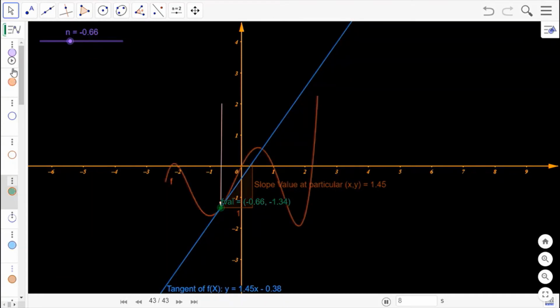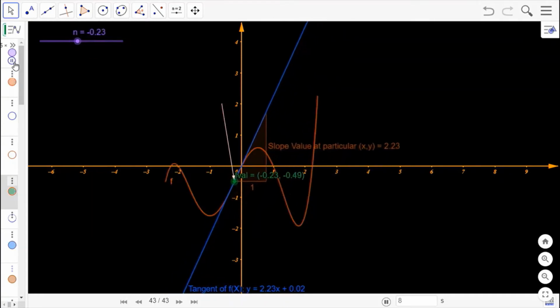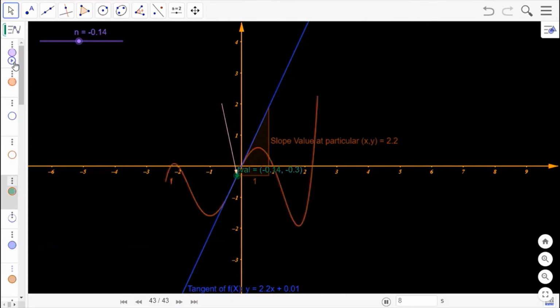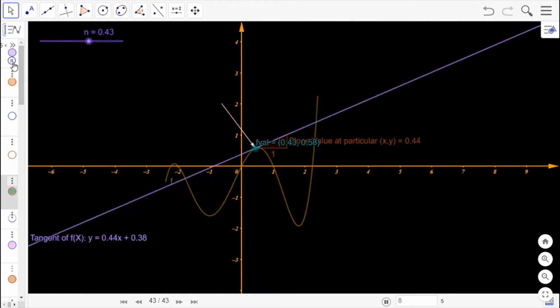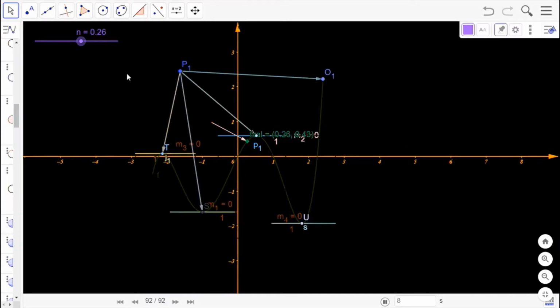To visualize, when it goes to attain the maxima value, that is the local maxima, the slope of the curve is a positive value. And when it crosses the local maxima, you will see that the value of the tangent, or the slope value at that point, will be 0. Now look at the cursor that I am pointing out.